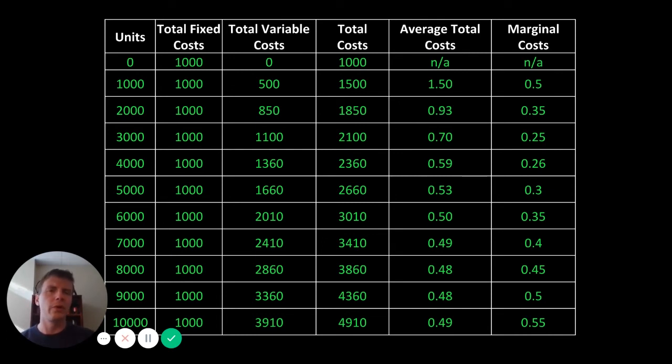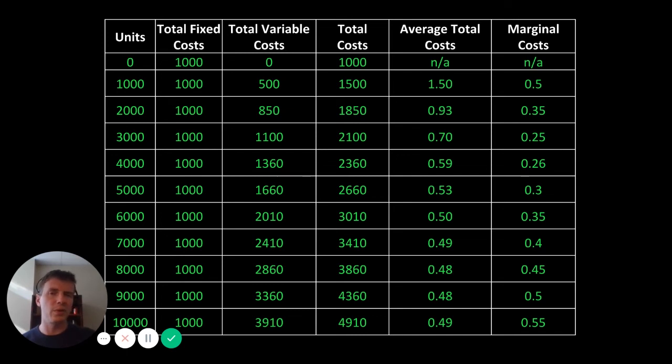Let's do one more. In row 4, if we're trying to figure out the marginal cost of production when you're producing 3,000, the change in costs is going from 1,850 to 2,100, and the change in production is going from 2,000 to 3,000.